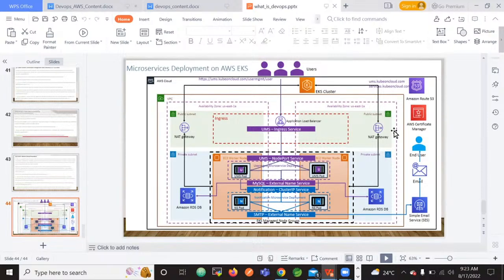Correct. Yes. So we will automate the deployment of this Kubernetes cluster, adding the worker nodes to the cluster, and then adding the replications. All these things we will automate using Terraform.